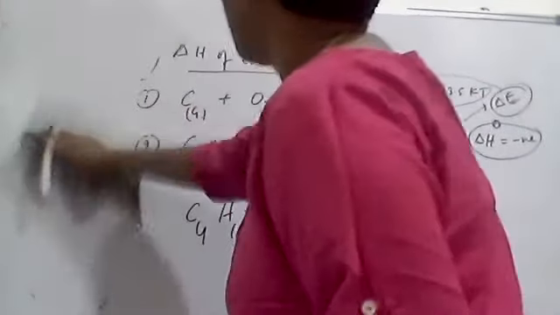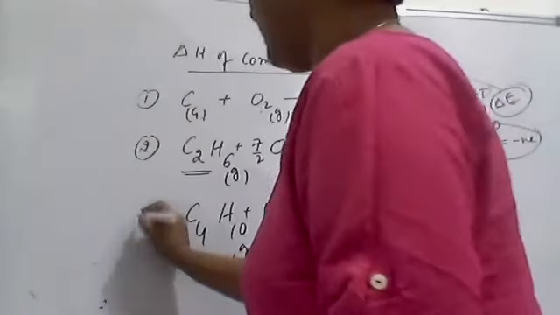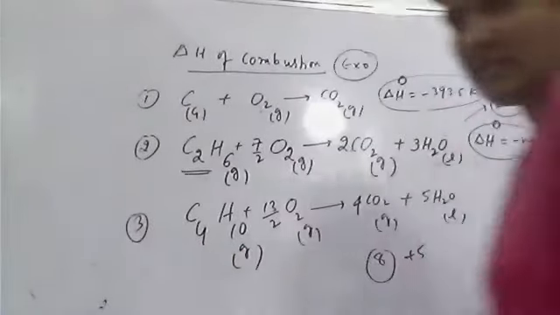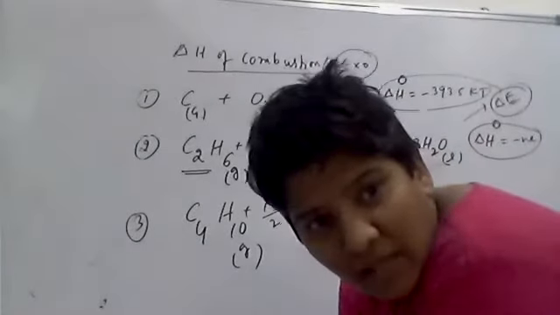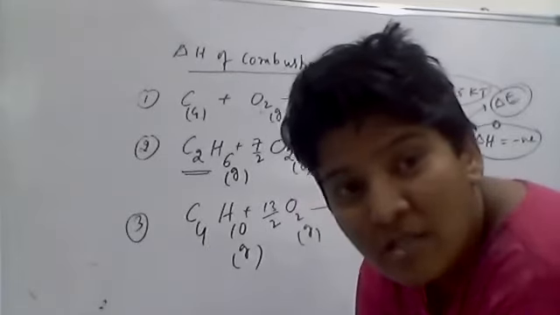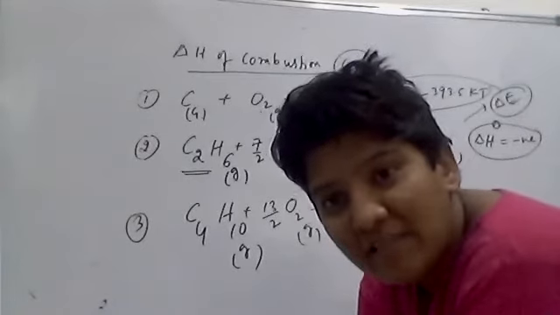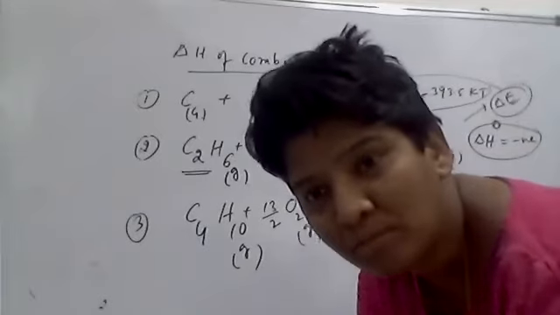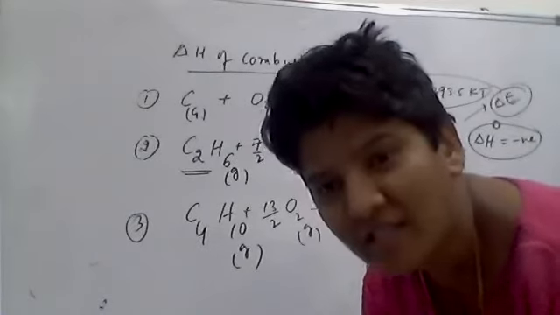Yesterday we discussed that carbon will exist as diamond and graphite. So please tell me, between the diamond and graphite, which is the standard state?